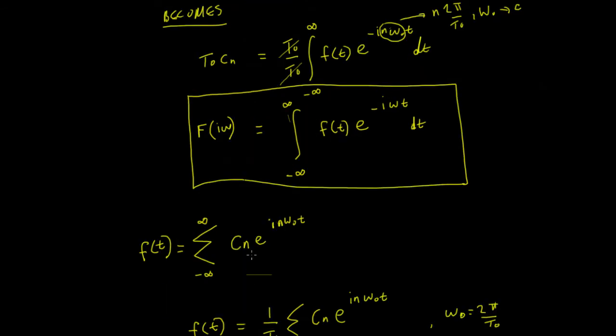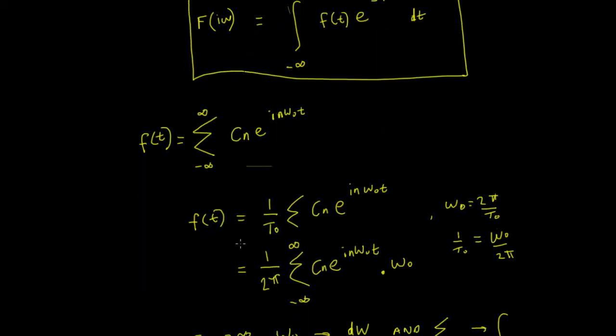So our original Fourier series was written like this, and we're saying we want to approximate a function f of t given an orthonormal basis of sines and cosines, which is our e^(i n omega naught t), and that's going to be the scalar coefficients of them.